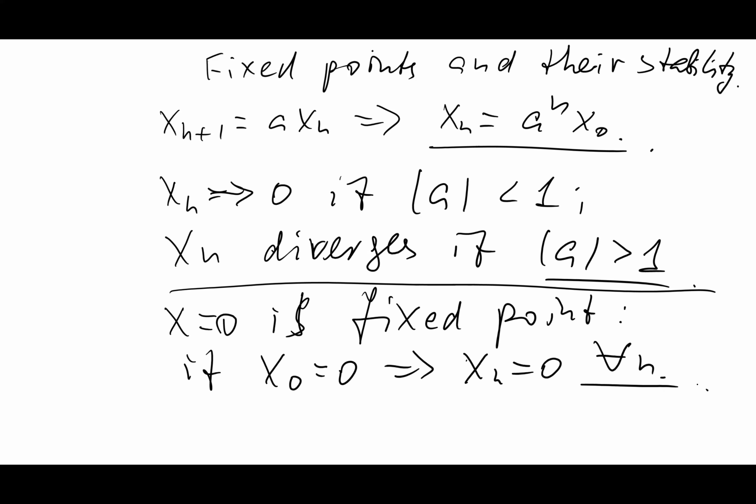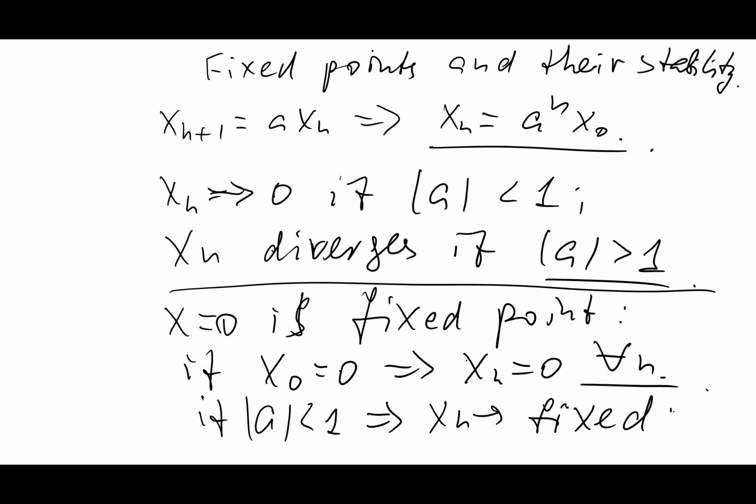And another observation: if a by absolute value is less than 1, then x_n tends to the fixed point. So this is my main point here, fixed point.